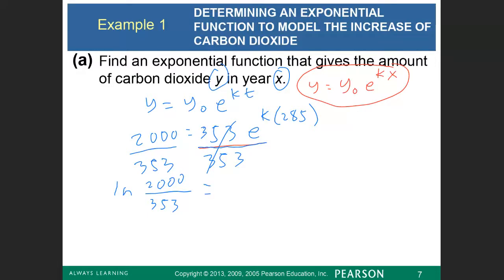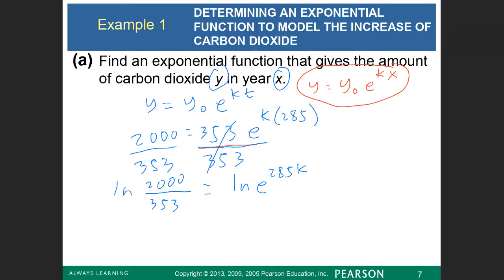So that would be ln e power of 285k. Using the power rule or the power property, I can bring down the variable k.